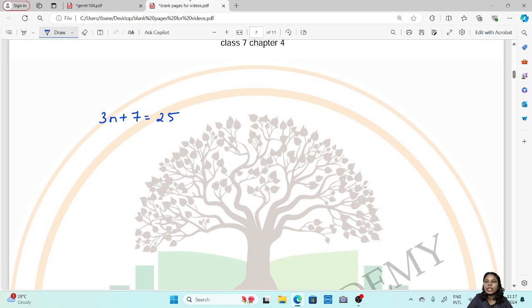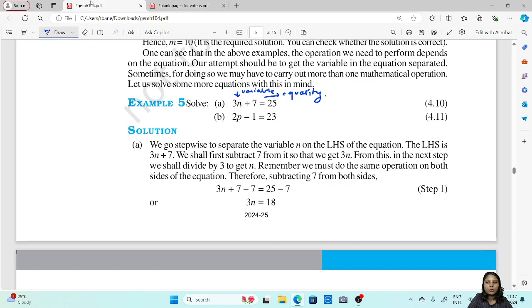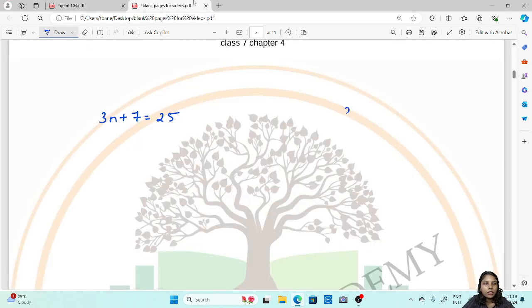And we have another one, 2p minus 1 equals 23. Now, how do we solve these equations?